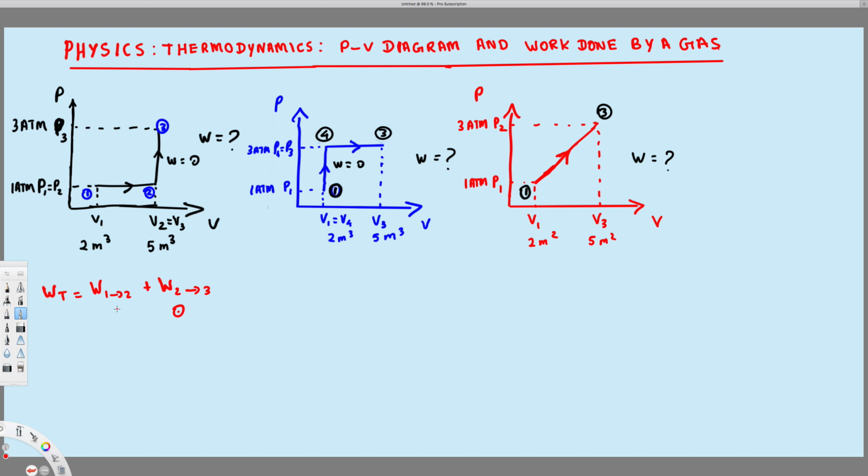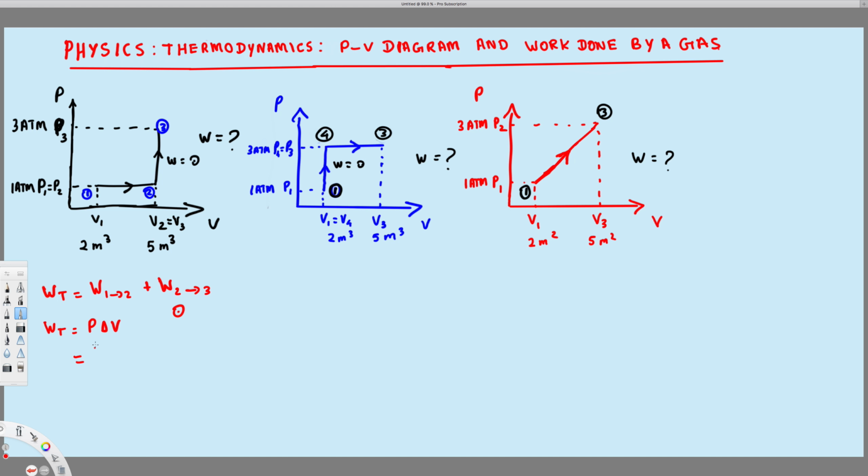Whenever we have an isobaric process, we can use this equation, that is P times delta V, to calculate the work. Here we have one atm pressure. However, we have to convert this into Pascal because we have to get the answer in joule.